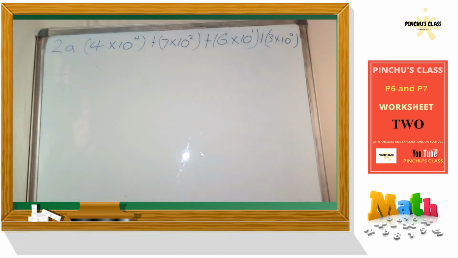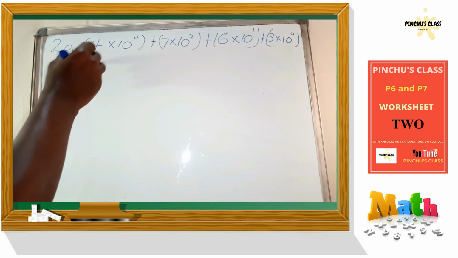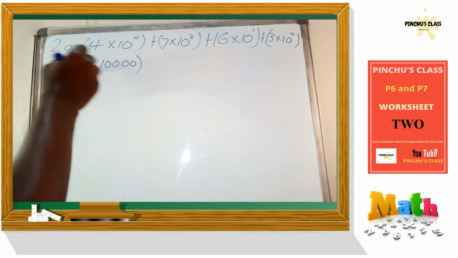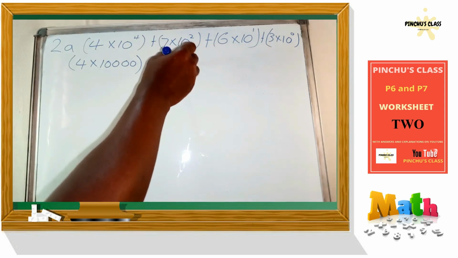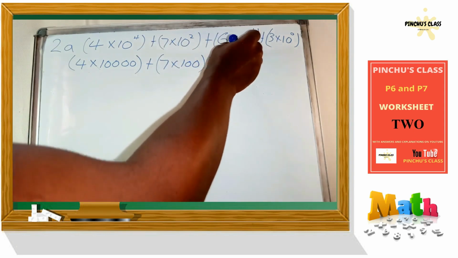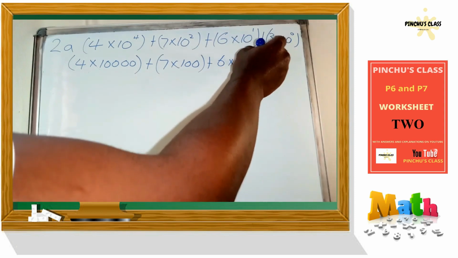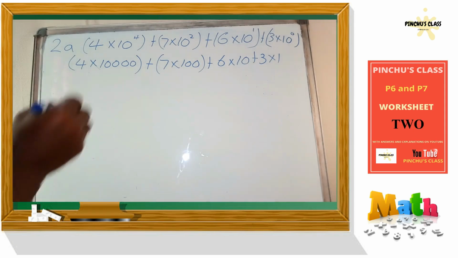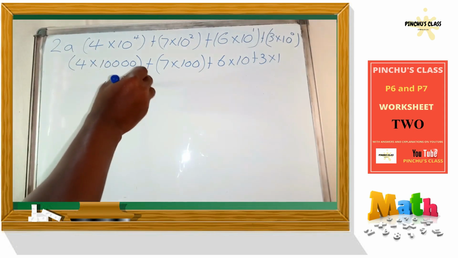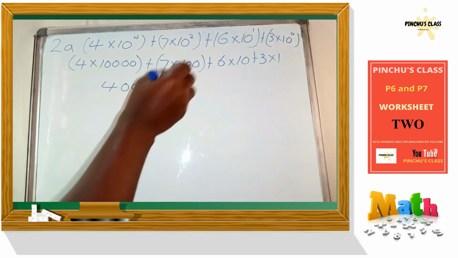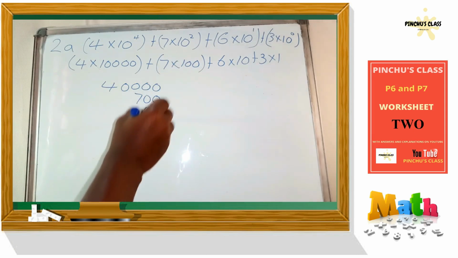Okay, now we are going to first expand this. So we shall get 4 times 10,000 plus 7 times 100 plus 6 times 10 plus 3 times 1. Now, so we have 40,000 here plus 700 plus 60 plus 3.